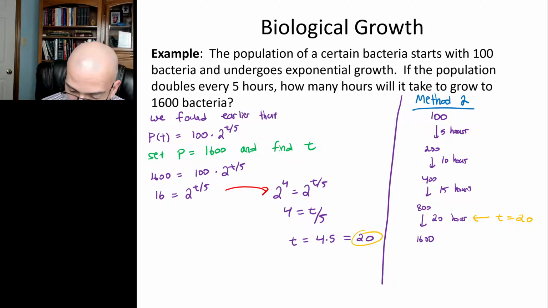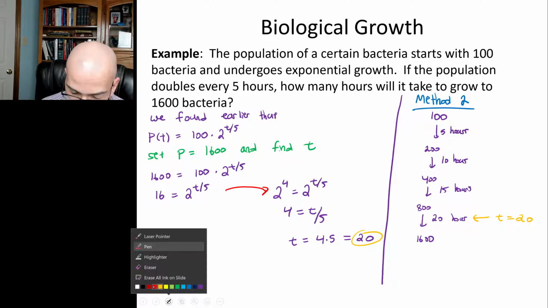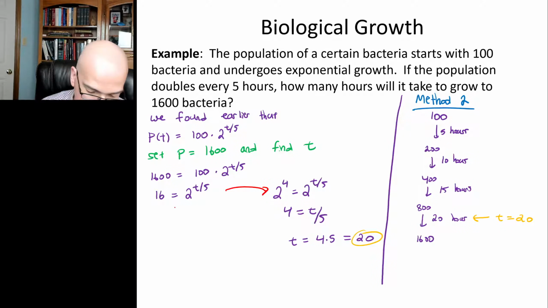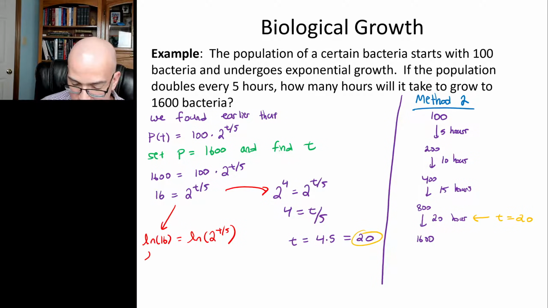And then the second approach, log both sides. So the ln of 16 is equal to the ln of 2 to the t over 5. Bring the t over 5 down. ln 16 is t over 5 times the ln of 2. And then multiply both sides by 5, divide both sides by ln 2.